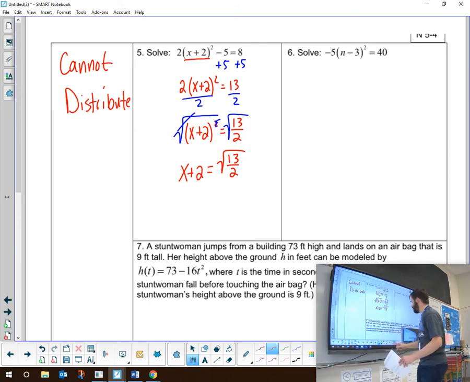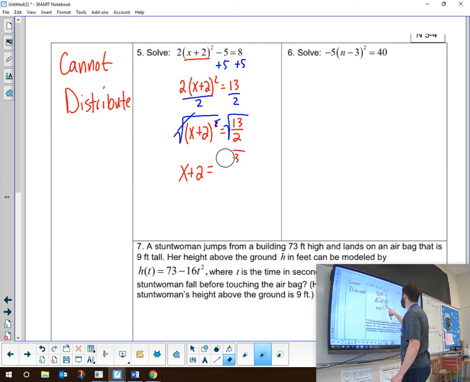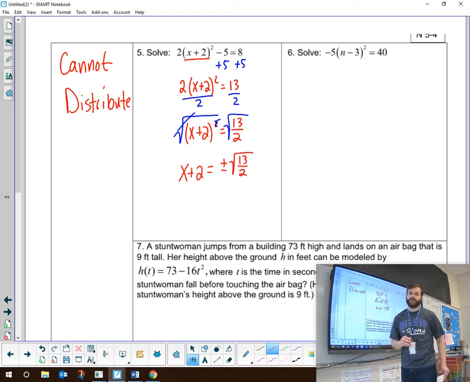Well, actually, back up. It's not just 13 over 2. It's going to be plus or minus the square root of 13 over 2. Remember what I've said, though. We cannot have a square root in the denominator, right? So to clear out the square root in the denominator, we're going to have to do some work.